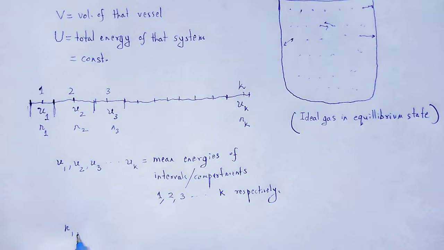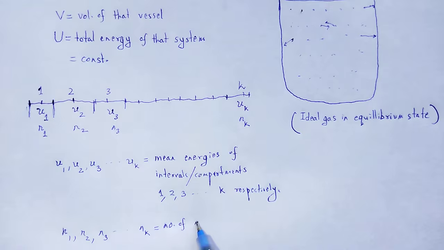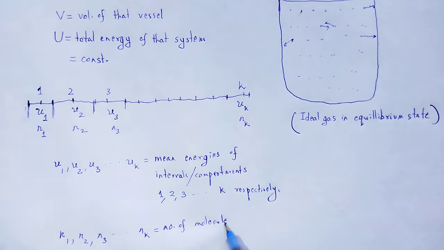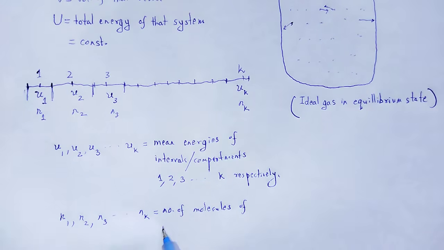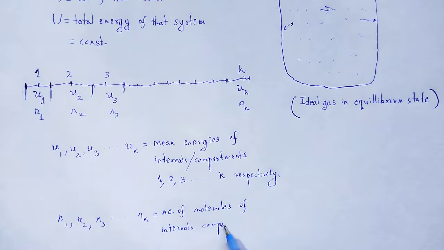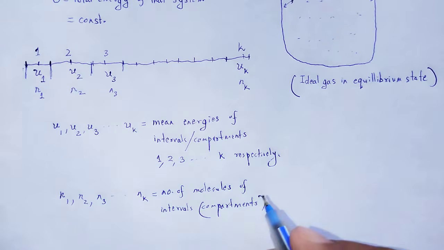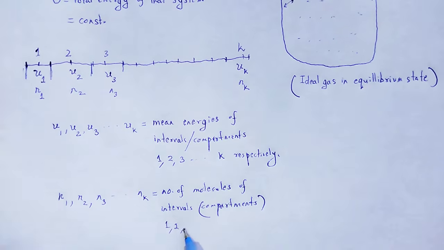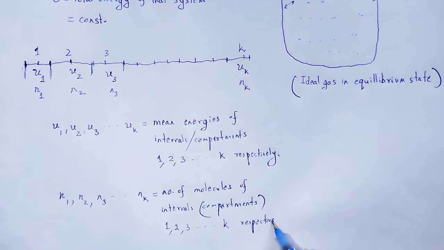Here N1, N2, N3 up to Nk are the numbers of molecules of the intervals, or compartments, named 1, 2, 3 up to k respectively.